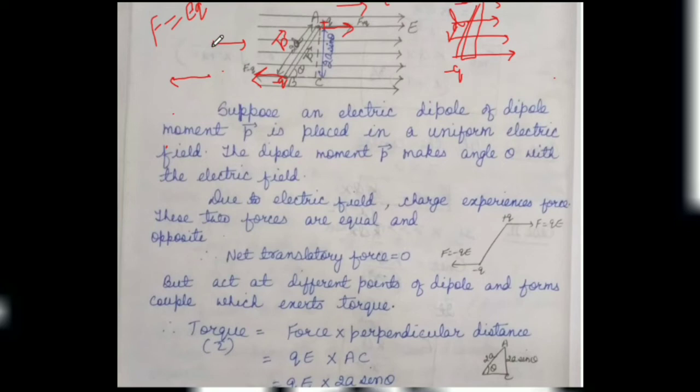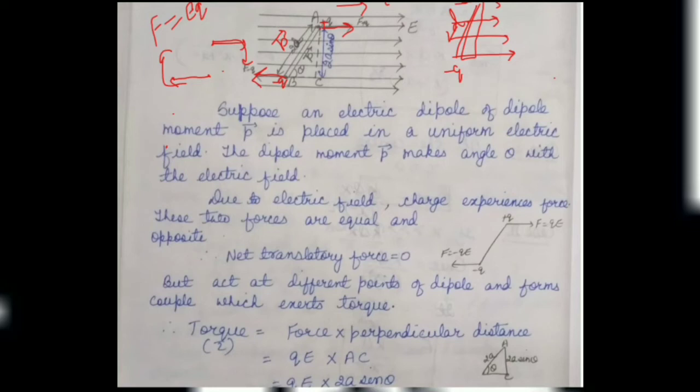So net force is 0, but it forms a couple and it exerts torque on the dipole due to this electric field and the force experienced by this dipole. So it produces rotational motion. One force is in this direction, the other force is in this direction, and it produces rotational motion in the dipole. It means it exerts some torque when a dipole is placed in an electric field.